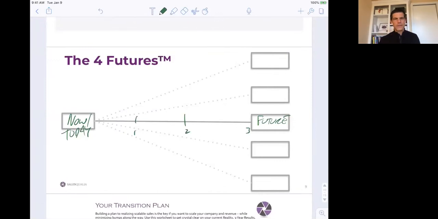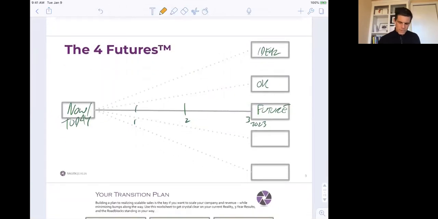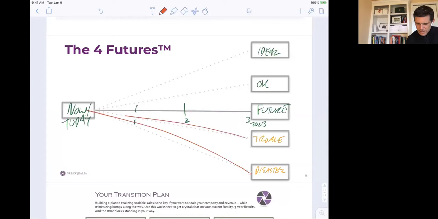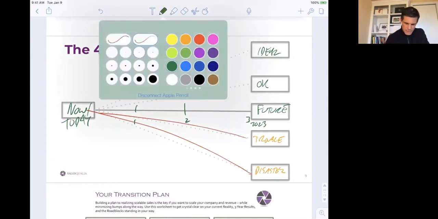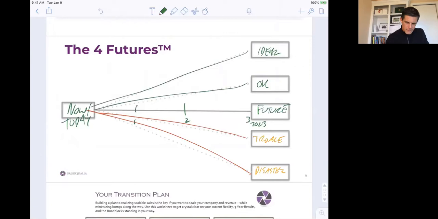We're coming up to the end of 2019, so if we go to 2023, the 4 futures say there are, just for modeling purposes, 4 states: the ideal state, the okay state, the trouble state, and disaster. We can simply draw a line back from each of these 4 to today. If we're below the line, that's obviously red. If we're above the line, that's green.